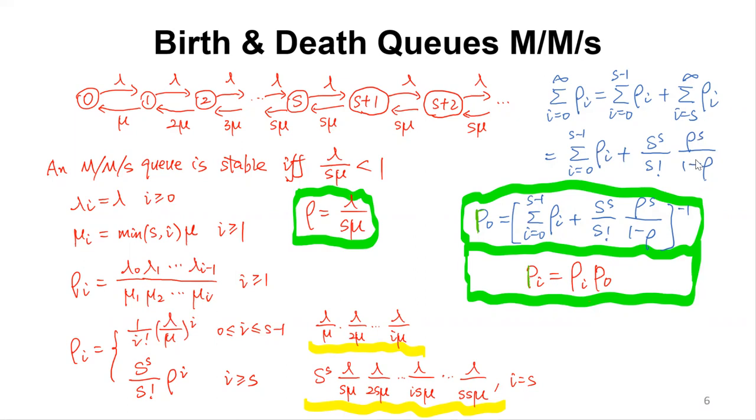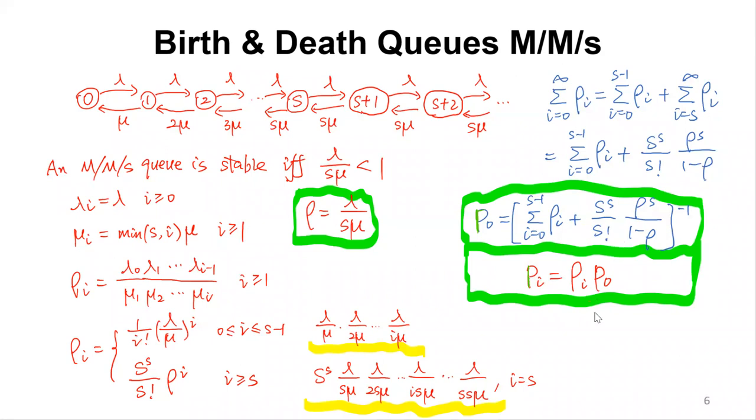You get rho S over 1 minus rho, because it starts from rho S. Okay, so now if you take the inverse, you get P0. And Pi equals P0 times rho I. Now you calculate P0 to Pi based on this equation, and this rho I is defined in this way. This rho is actually lambda over S mu.